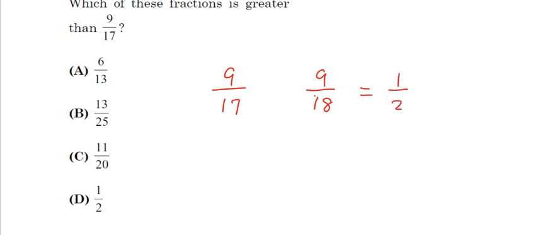So we know 9/17 is larger than 9/18, larger than 1/2. So the answer should be larger than 1/2, and 6/13 is less than 1/2, right? So we just need to compare B and C. Both of them are larger than half.